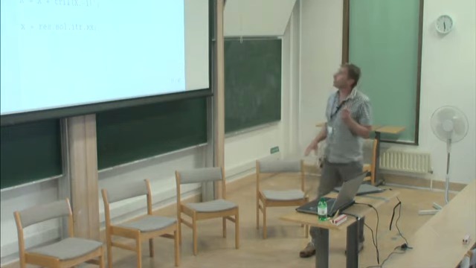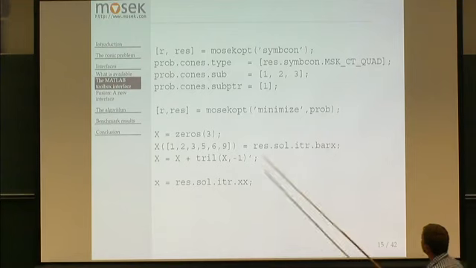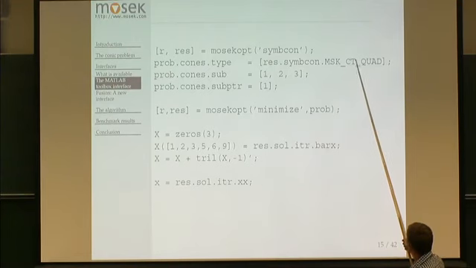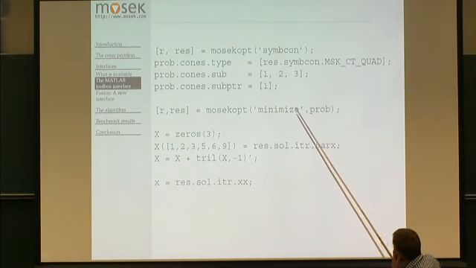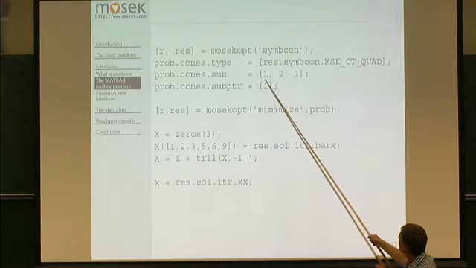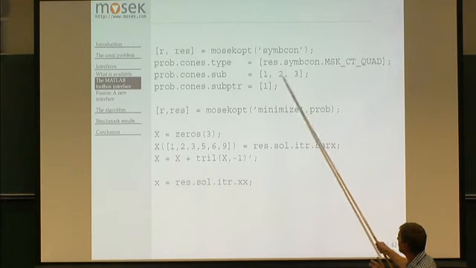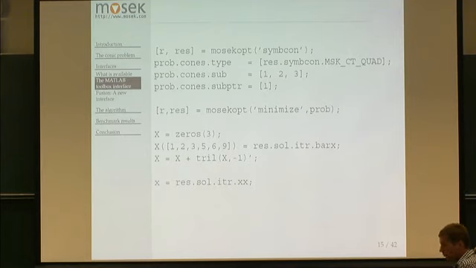Then you have to tell something about the cones, if you have some quadratic cones. Here we had one quadratic cone, so this is just a marker telling that we had a quadratic cone. The variables on the cone were 1, 2, and 3 because x1 was greater than or equal to the norm of x2, x3.